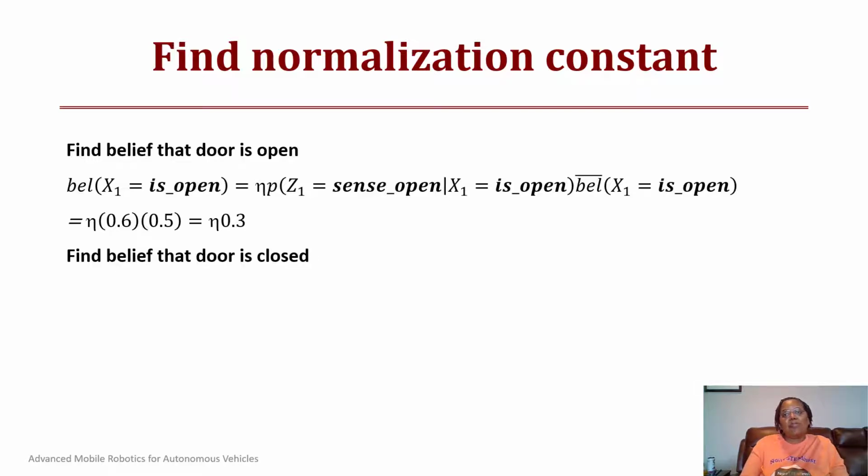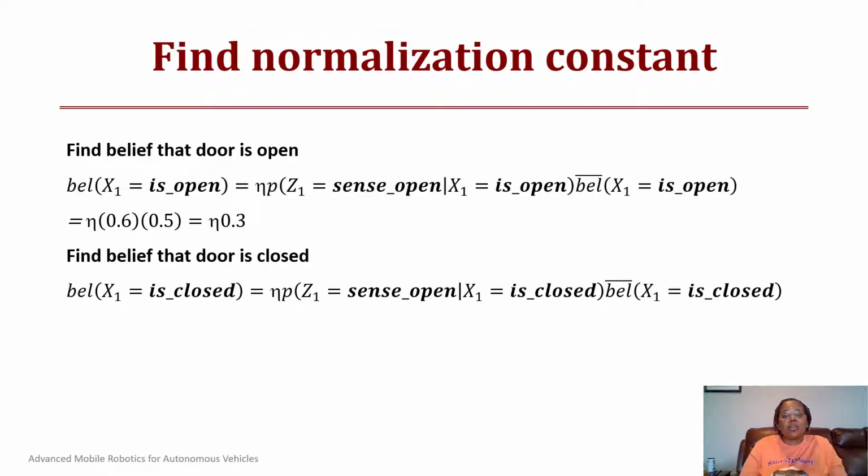Now we need to find the belief that the door is closed. So we're going to have the belief that X1 is closed equals eta times the probability of sensing that the door is open given that the state is closed, times the belief that the state is closed. And that's going to be eta times 0.2 times 0.5, or eta times 0.1.